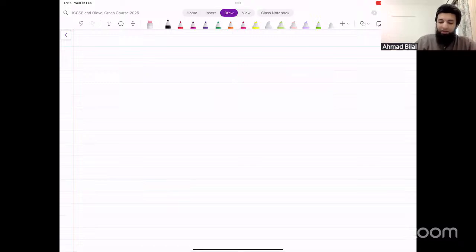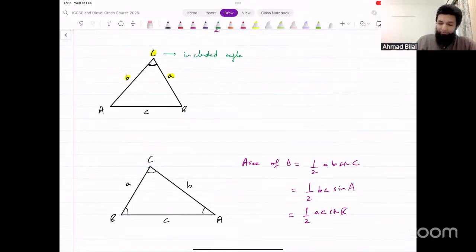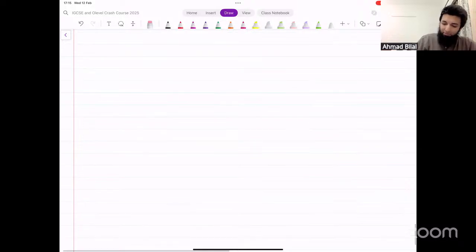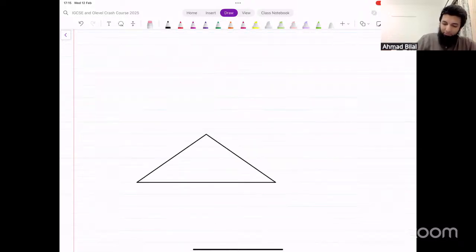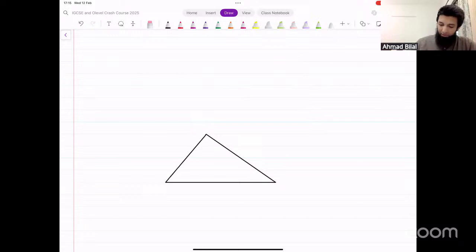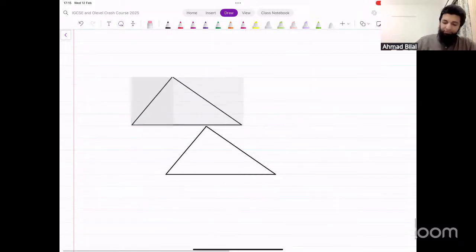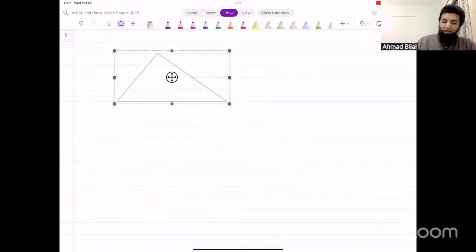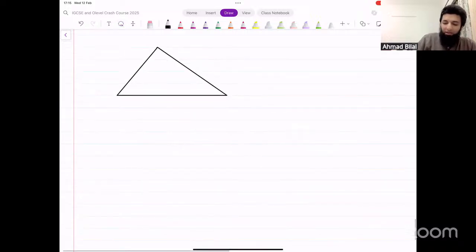Let's say I have a triangle that looks like this. So I have this triangle. And in this triangle, I know that this angle here is 55 degrees.